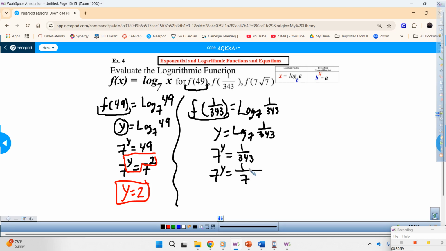Mario says 3. Very good. 7 times 7 is 49, times 7 is 343. Then we need to bring that one to the numerator. So 7 to the y equals 7 to the negative 3. So y equals negative 3.